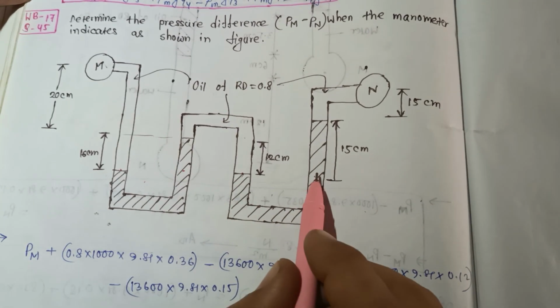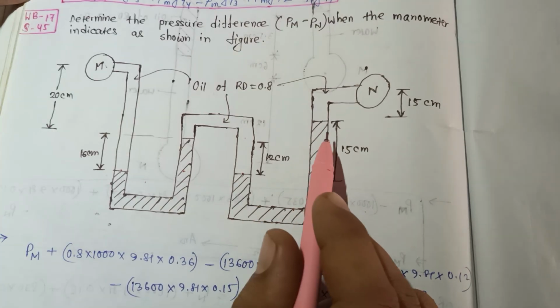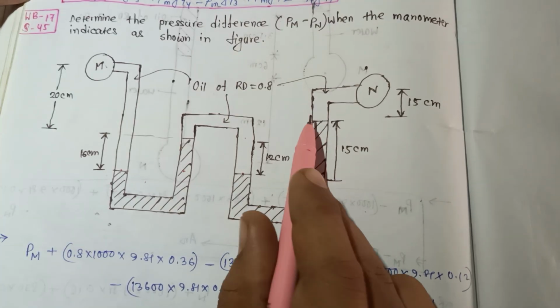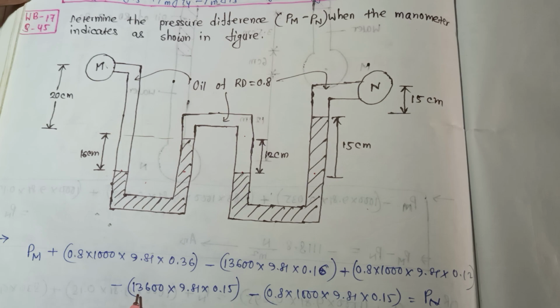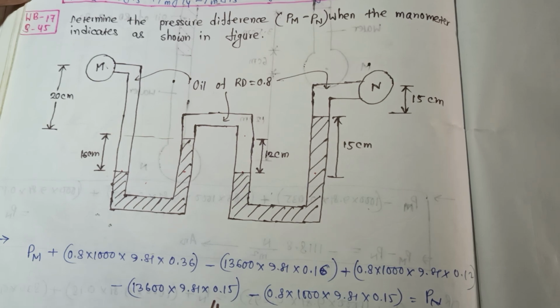From here to here there is an upward direction, so that means minus of 13600 into 9.81 into 0.15.